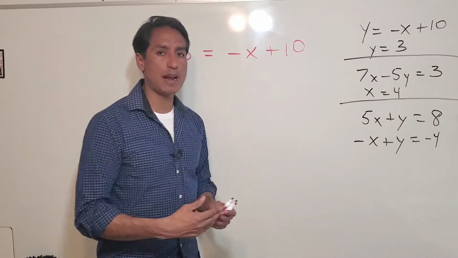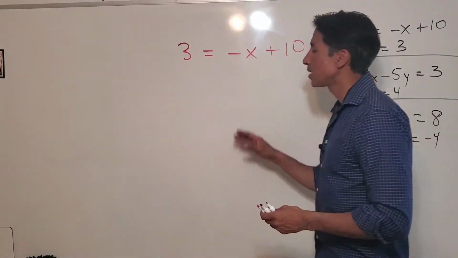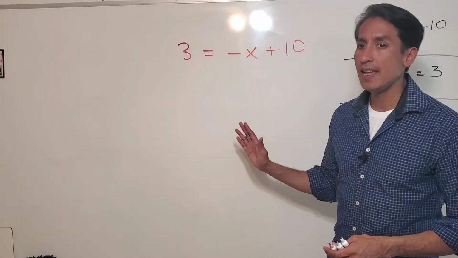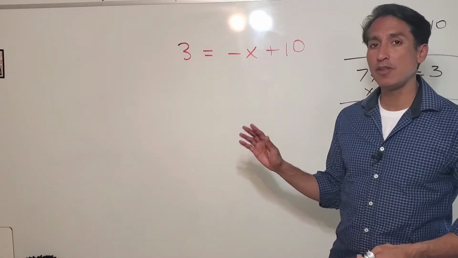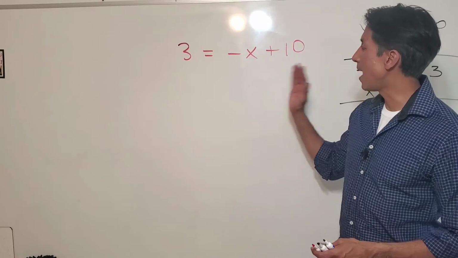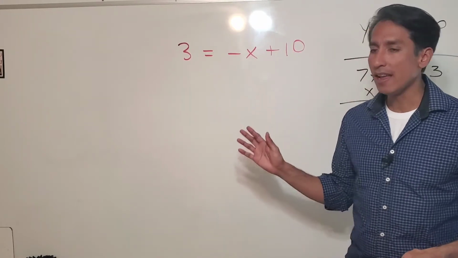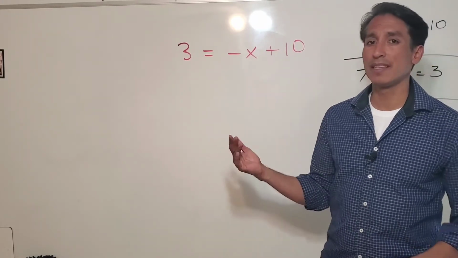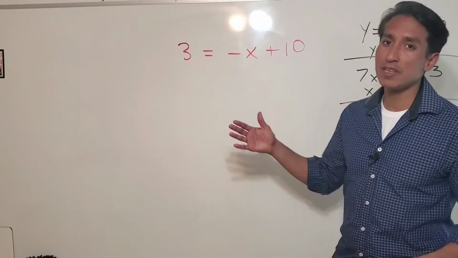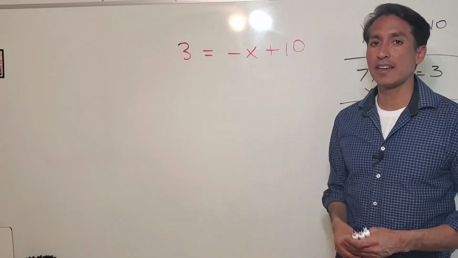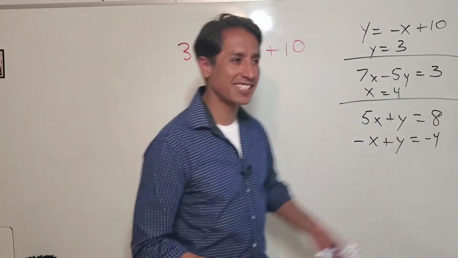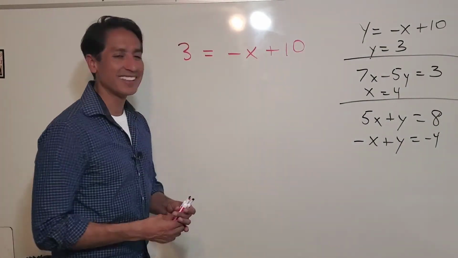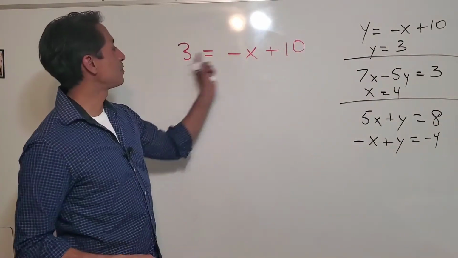I would much rather you look at this problem, solve it algebraically, and have a pattern or method that you can use. That way, when you go back and do them again, you can say, it doesn't matter what kind of number this gives me because I know the system to solve this thing. Oh yeah, and these are called systems too, because we have two things happening. That's kind of funny. Anyways, moving right along.